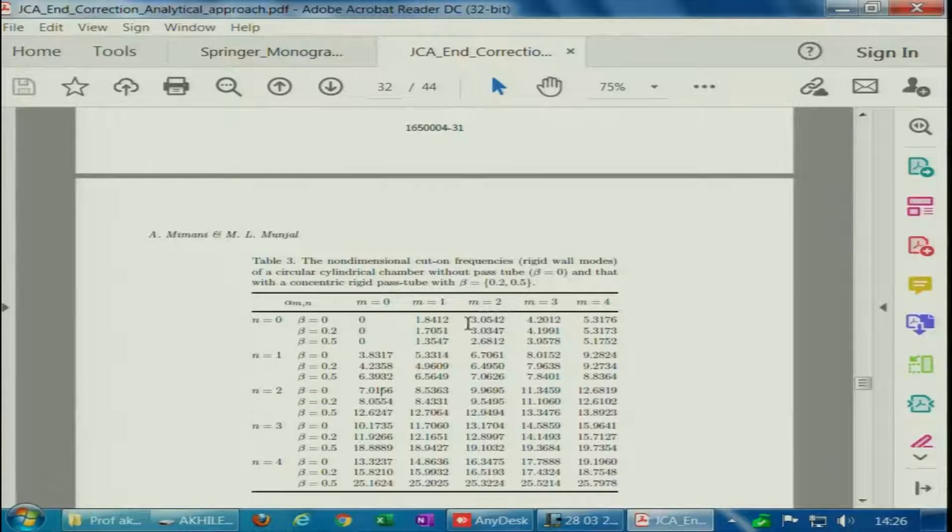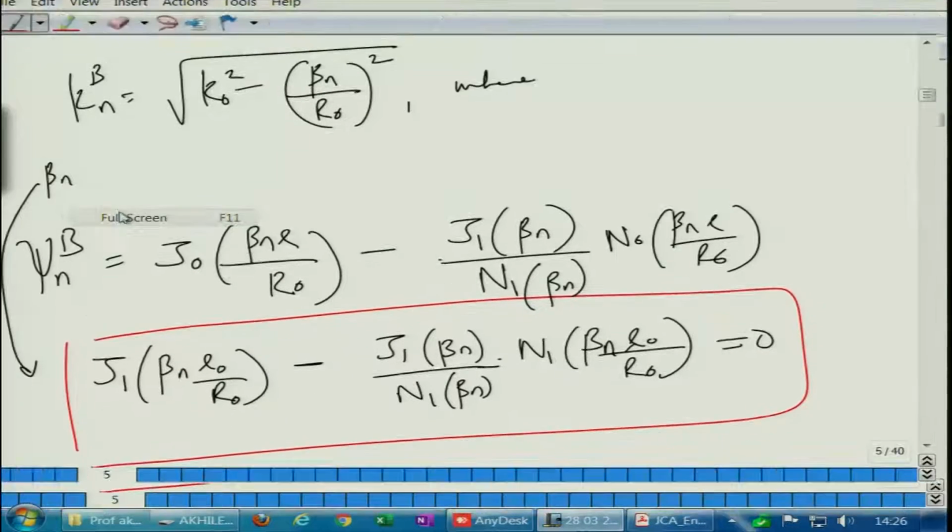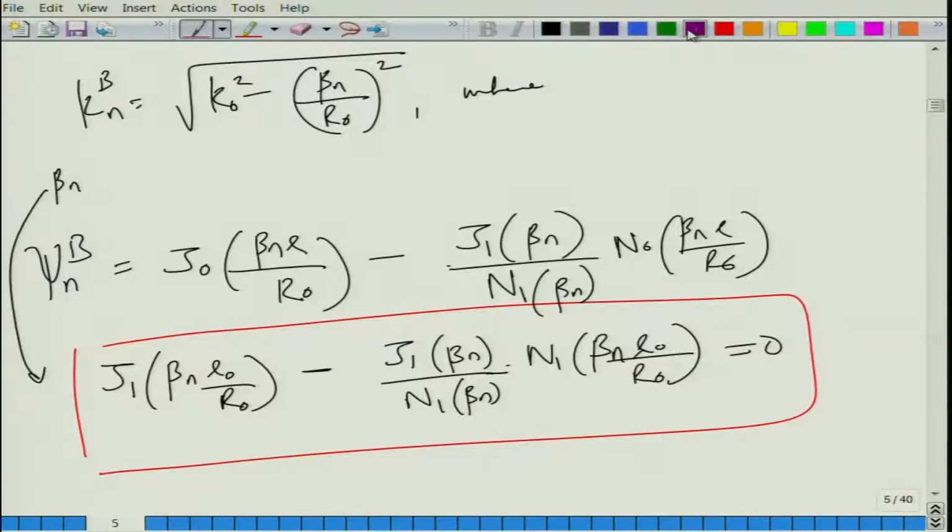Such values have also been prepared for me, and right now we will just consider this one.